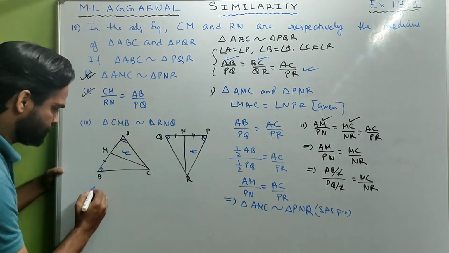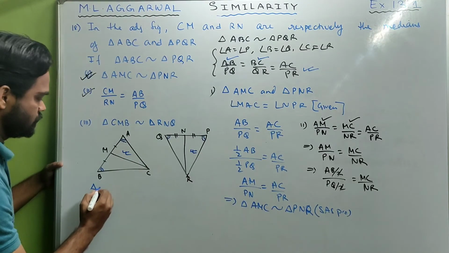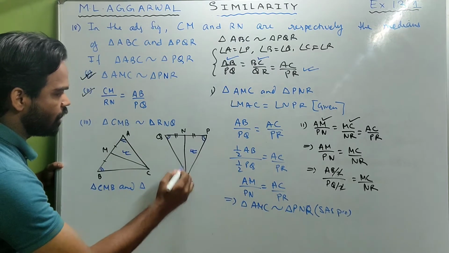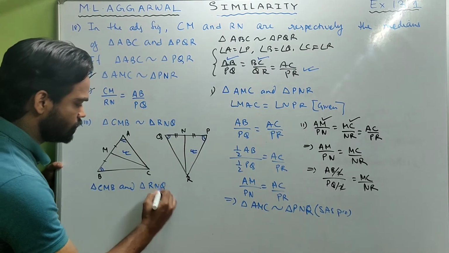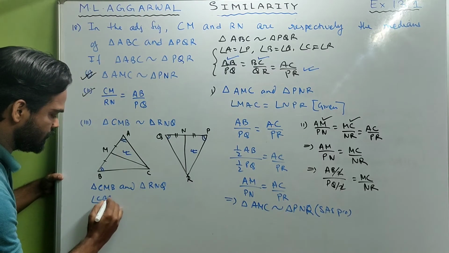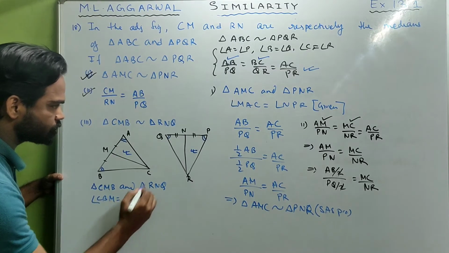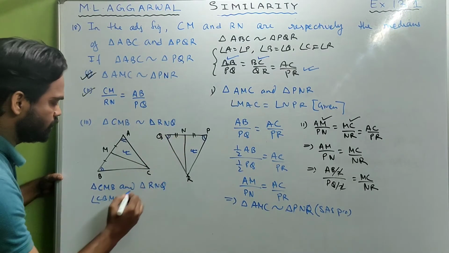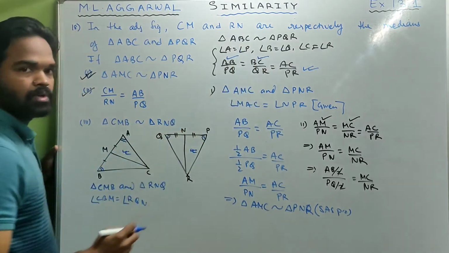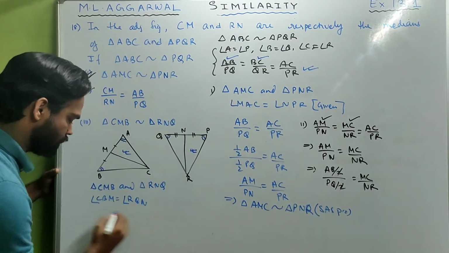In triangle CMB and triangle RNQ, angle CBM is equal to angle RQN. B and Q are equal, already proved.